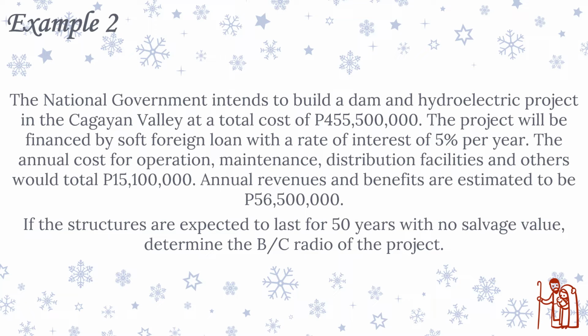But if you are comfortable with present worth, then you can convert all the annual cost or the annual cash flow into its present value. Okay, so let's try to solve the benefit cost ratio using the equivalent uniform annual cost method, or the annual cost.